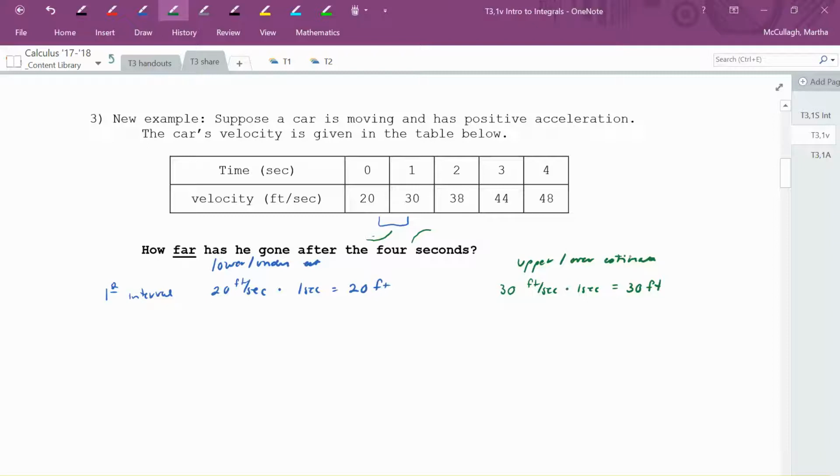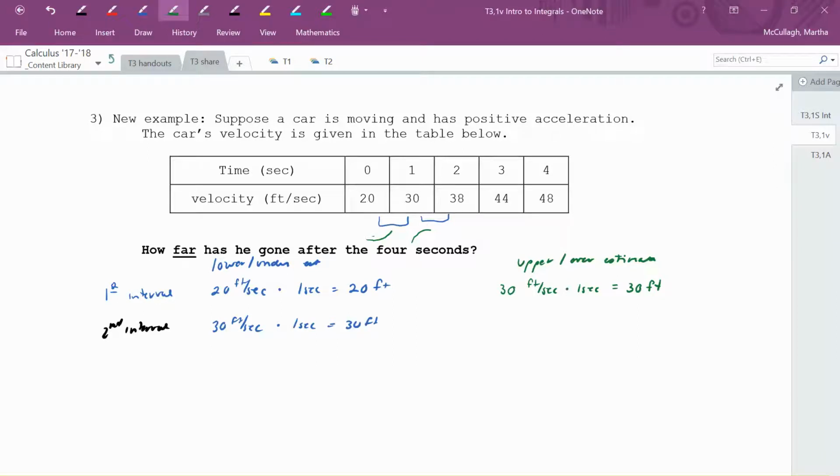So we know during that first 1 second interval, the car traveled somewhere between 20 and 30 feet. Well, if we look at the second interval, we know that looking from here to here, the slowest that the car could have gone for most of that 1 second interval is 30 feet per second for 1 second, which would be 30 feet.